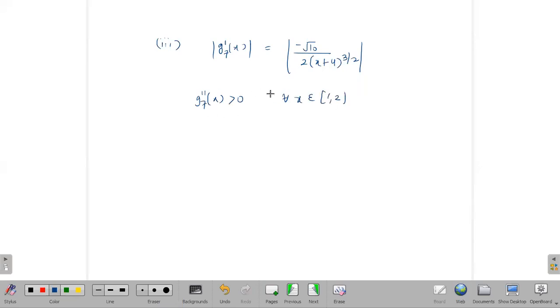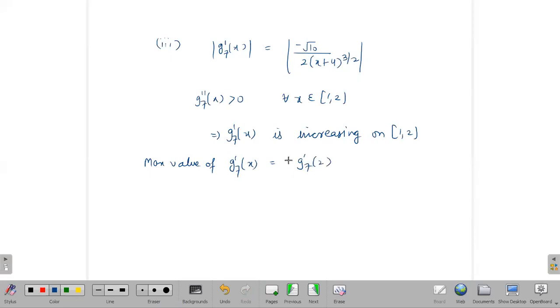If the double derivative is positive, it implies g dash, its first derivative, is increasing on (1, 2). If it is increasing, its maximum value will be at 2.